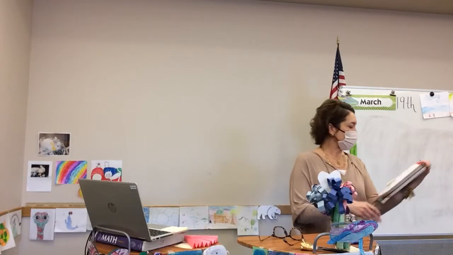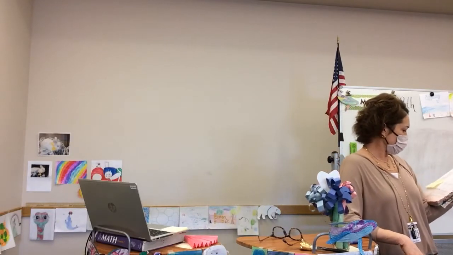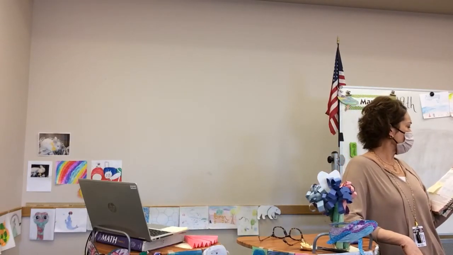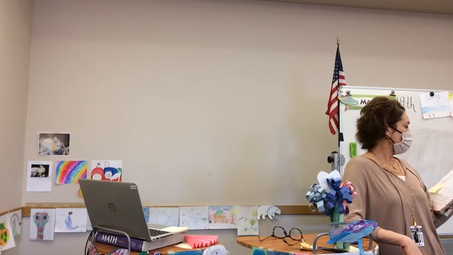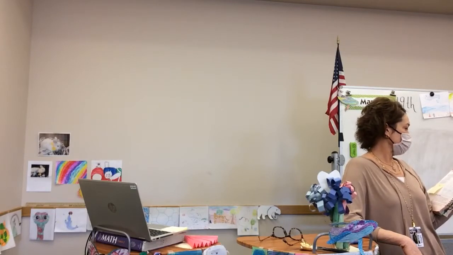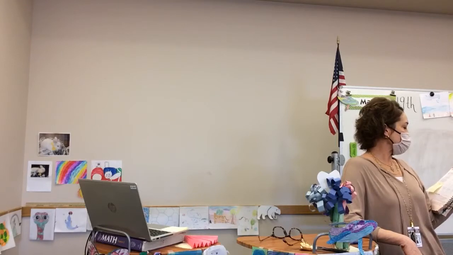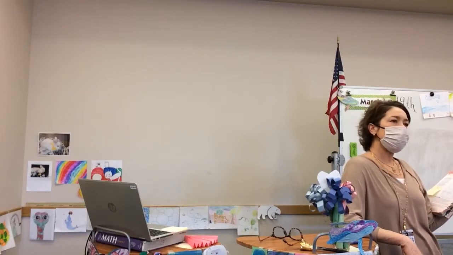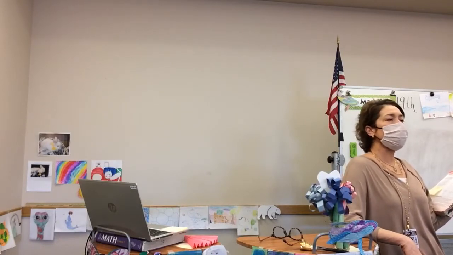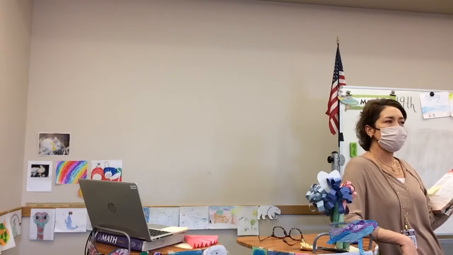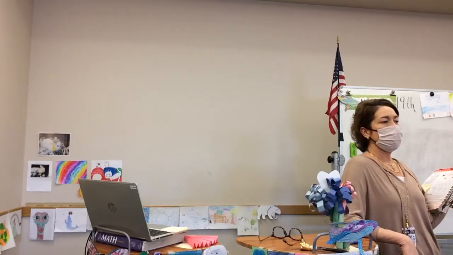So let's look at the top of page 177. We're going to add fractions. It says to add fractions with the same denominator, add the numerator and keep the denominator. So again, remind me what the denominator is of the fraction. Helen.